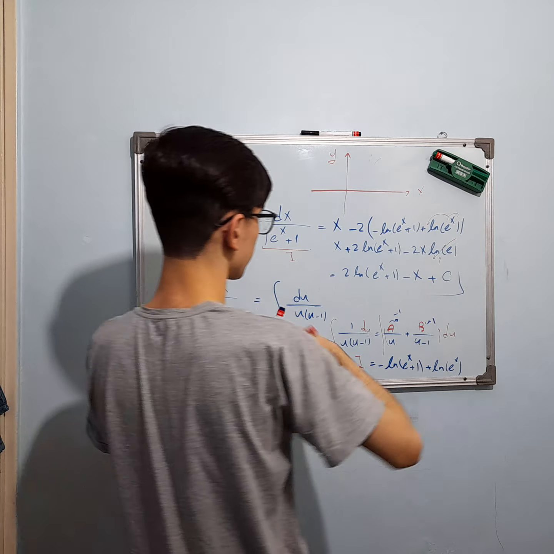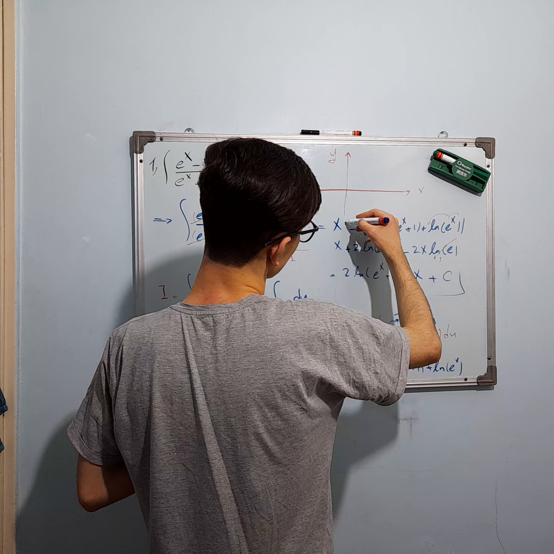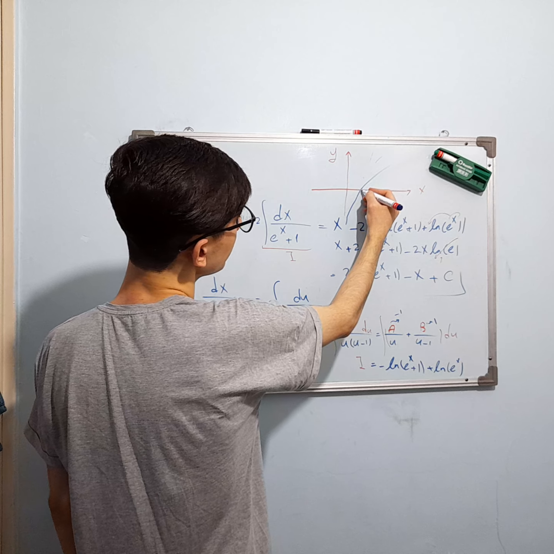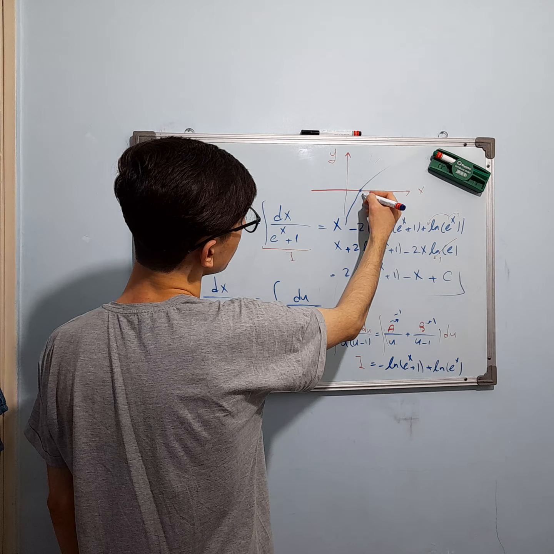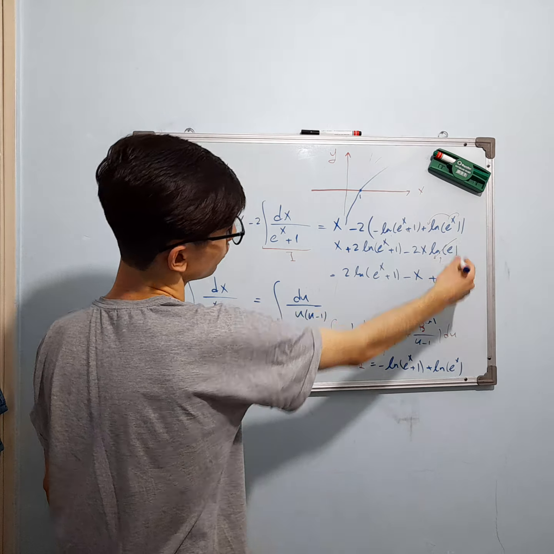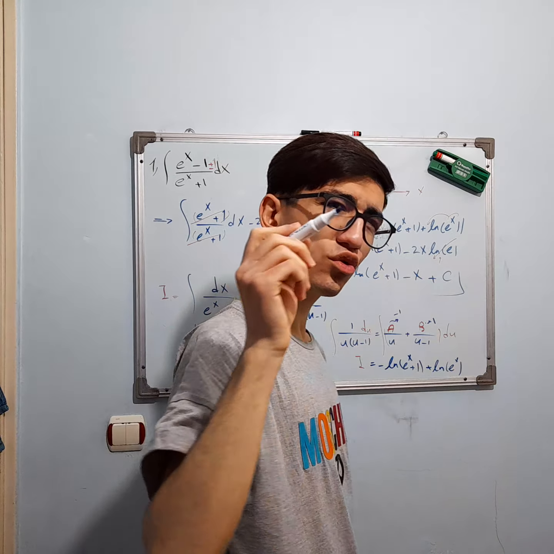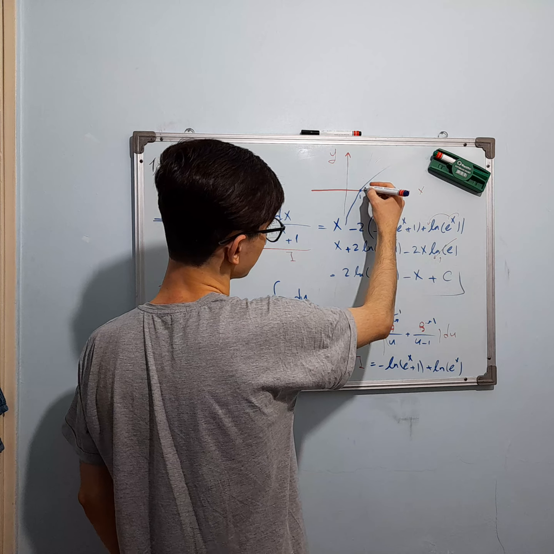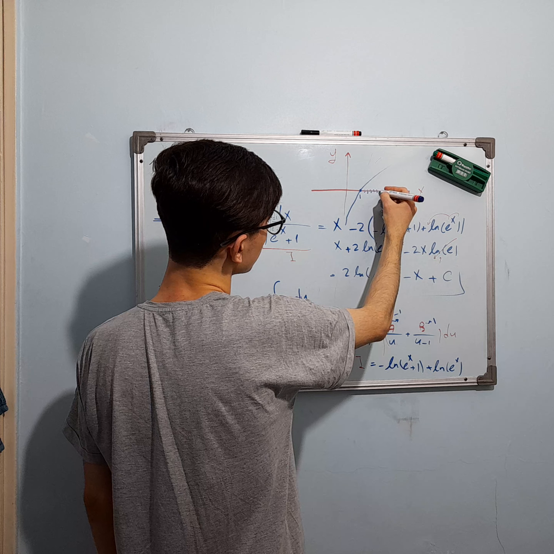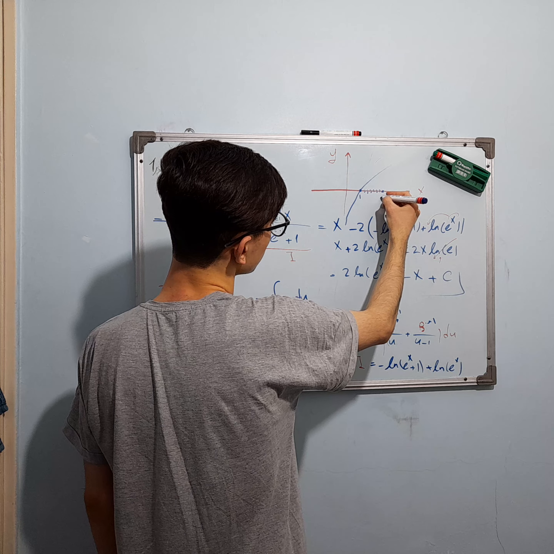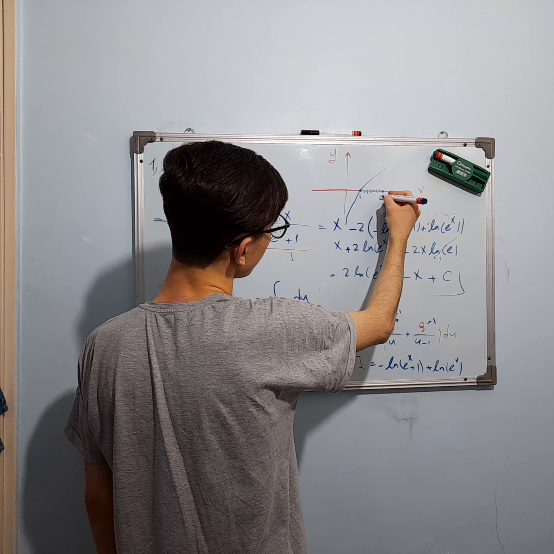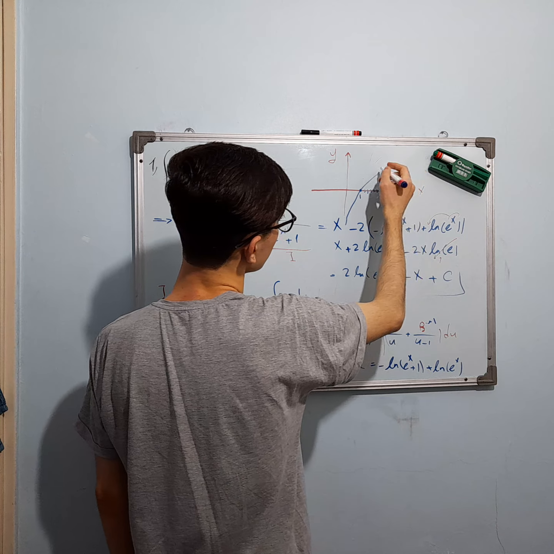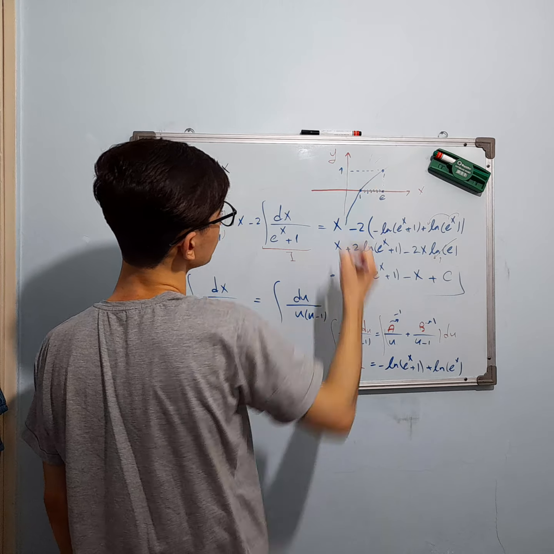You know that it comes from here like this, and here is 1. And you know, e is almost 2.7. It's not exact. If we graph e here, it is 1.